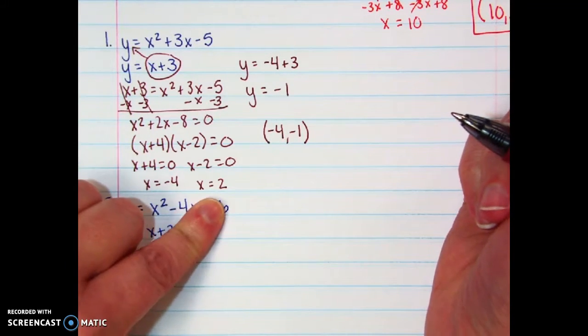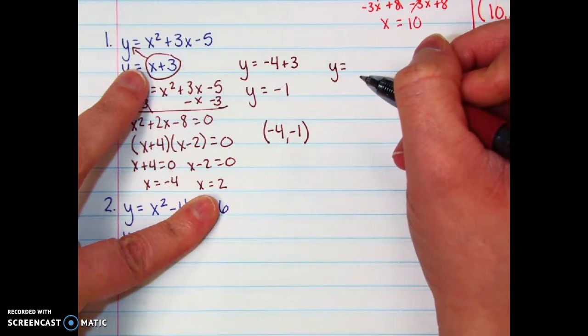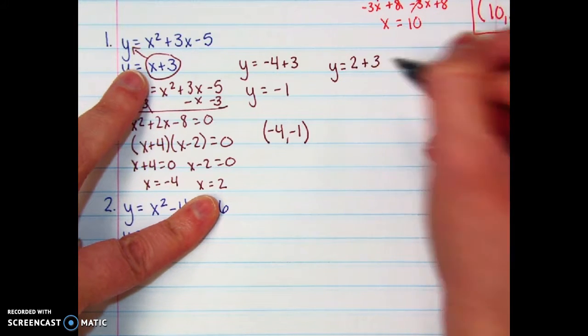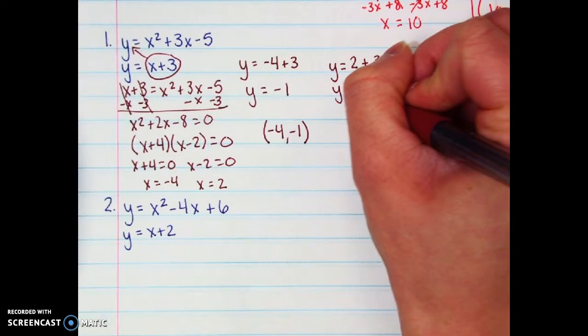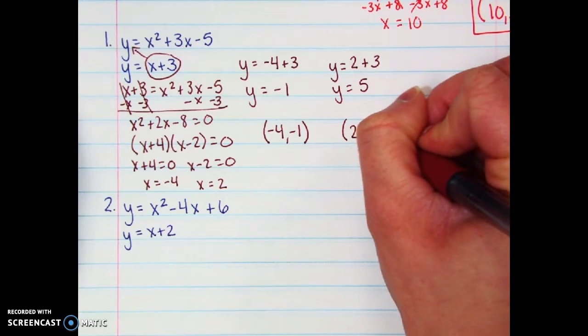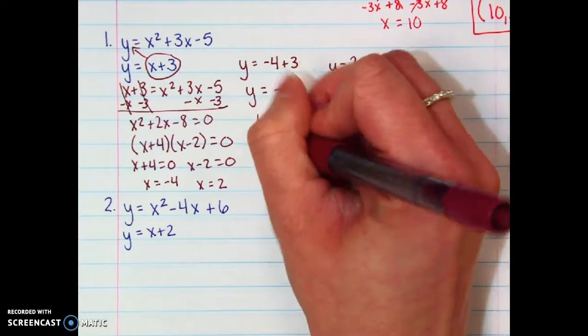Now I go to the next x. That is y equals 2 plus 3, so y is 5. So my other point is (2, 5).